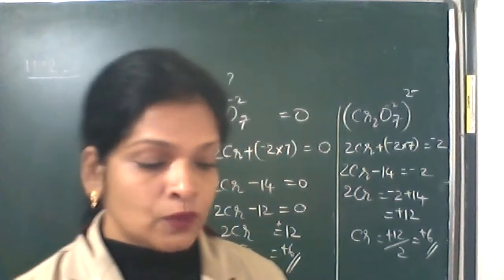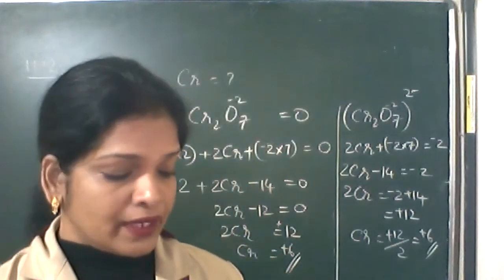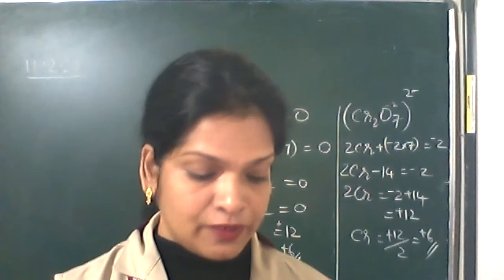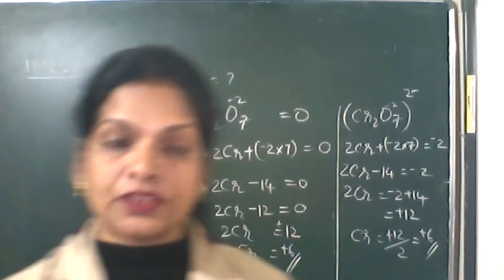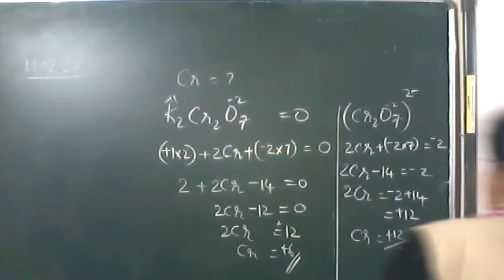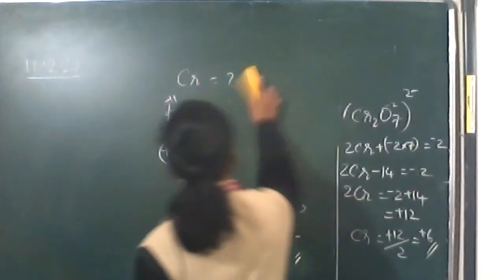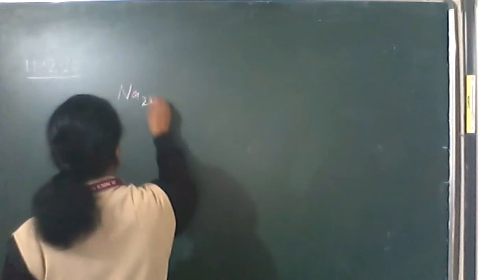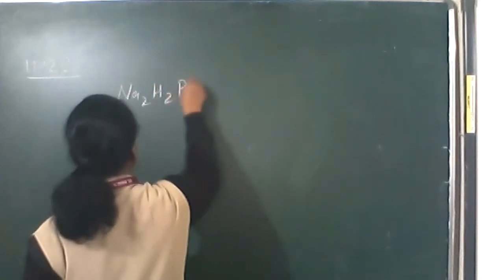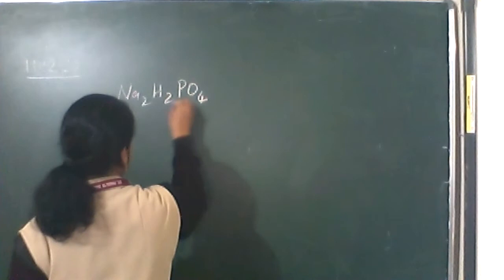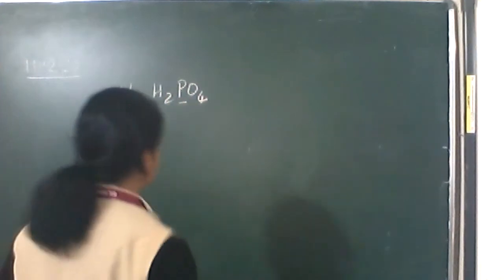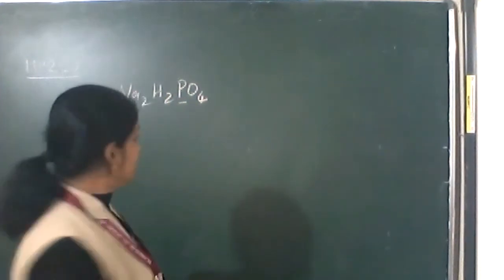Now, write one question. Find the oxidation state of the underlined atom. Na2HPO4, here phosphorus P. You have to find the oxidation state of P by the same method.